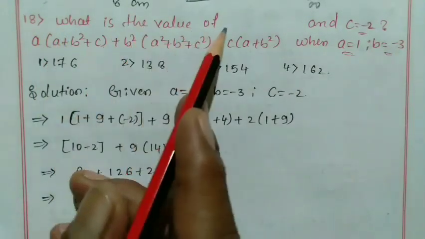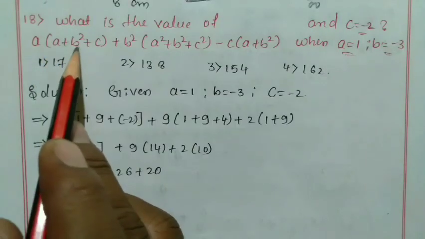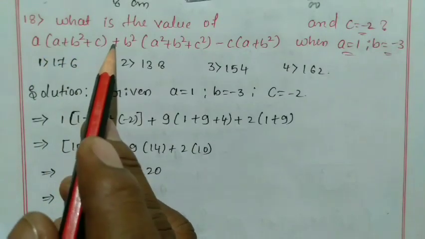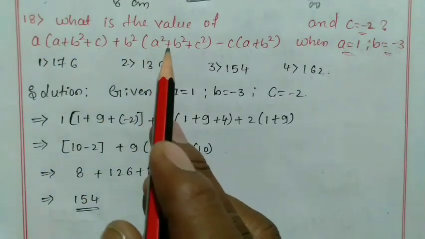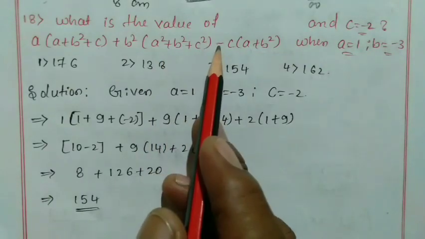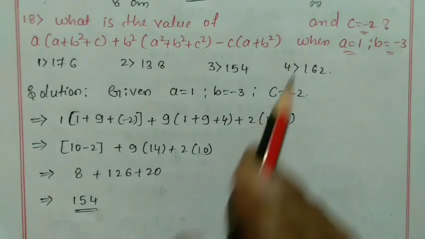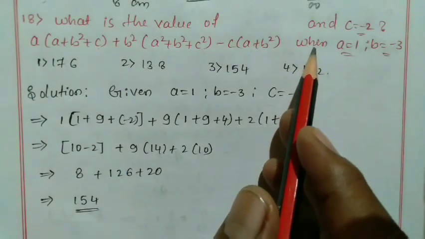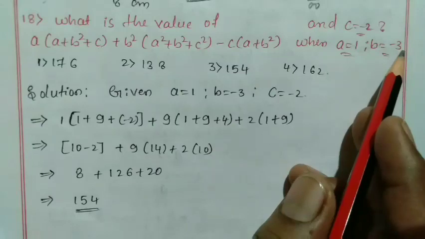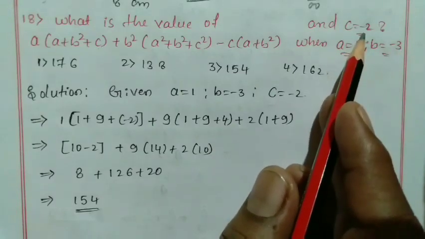So the question is, what is the value of A into A plus B square plus C plus B square into A square plus B square plus C square minus C into A plus B square. Also given is A equal to 1, B equal to minus 3 and C equal to minus 2.